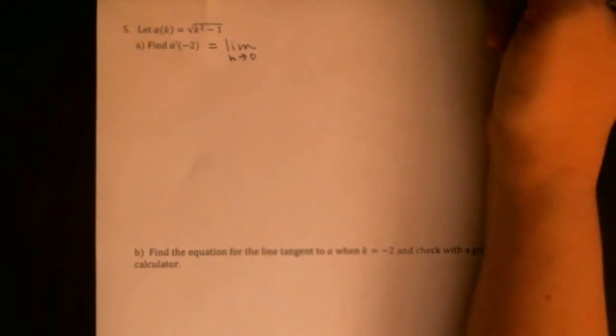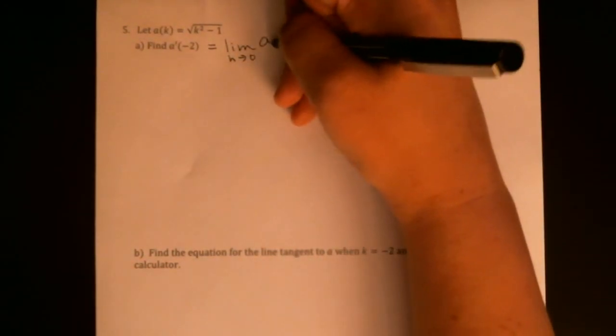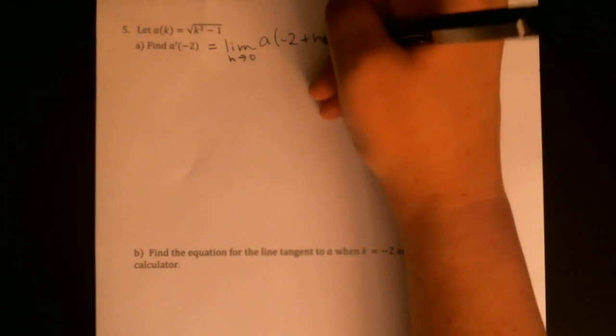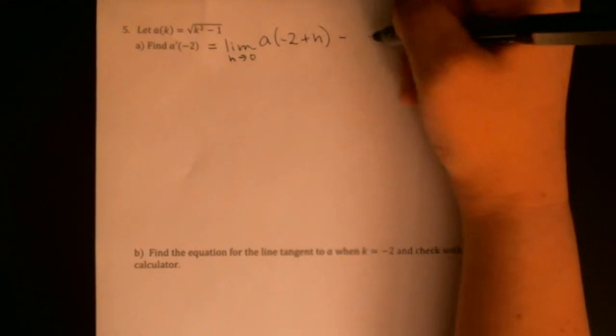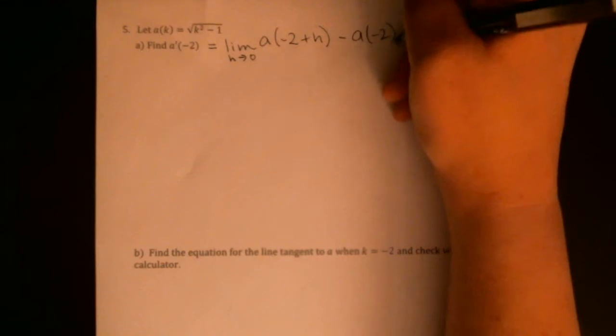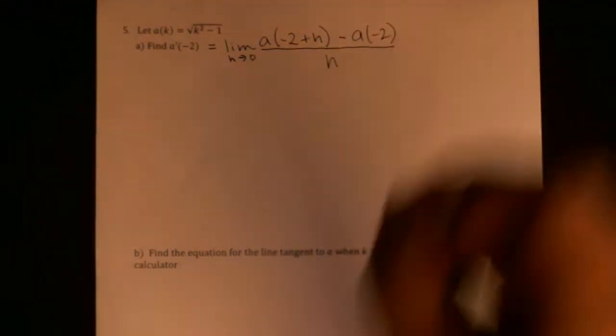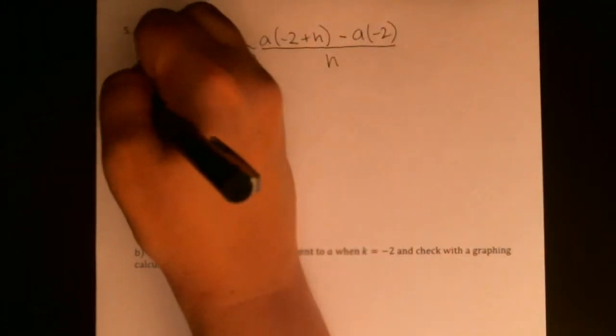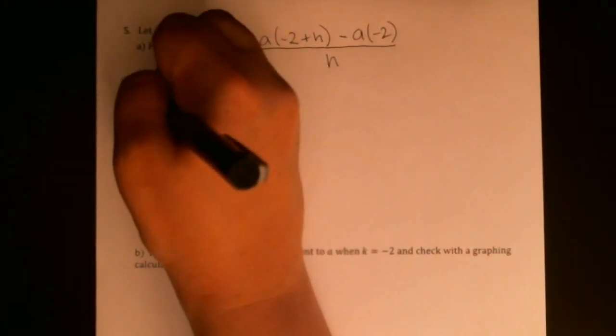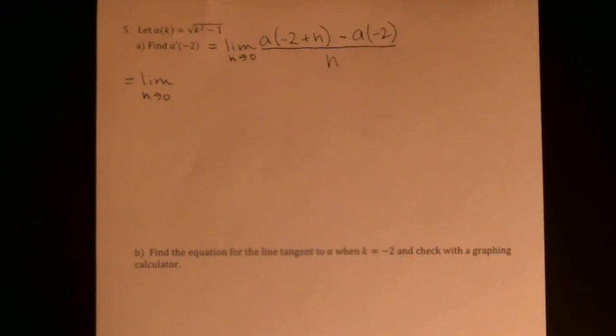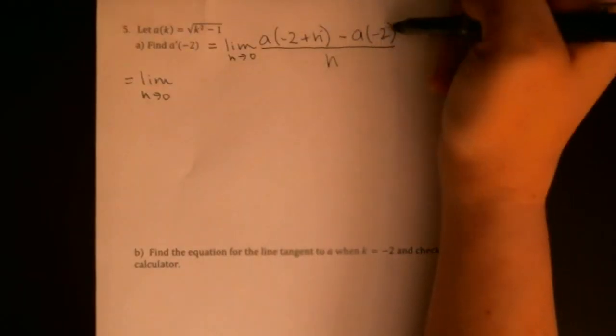So it's going to be the limit as h goes to 0 of a of -2 plus h minus a of -2 all over h, which is going to be the limit as h approaches 0. So now I'm going to go ahead and plug these things back into my function.